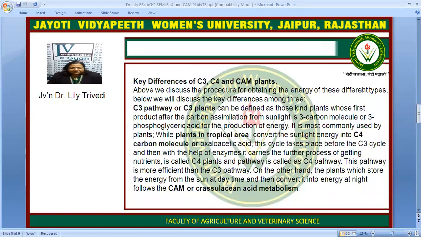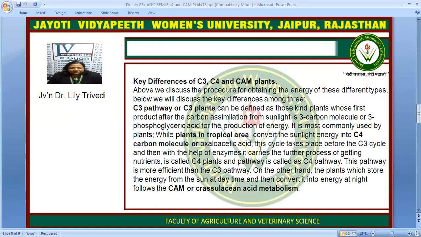Now let us discuss the difference between C3, C4 and CAM plants. C3 plants are those whose first product from sunlight is 3-phosphoglyceric acid. Now it is commonly used, while plants in tropical areas convert the sunlight energy into 4 carbon molecules, that is oxaloacetic acid.